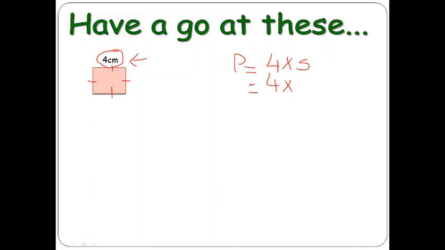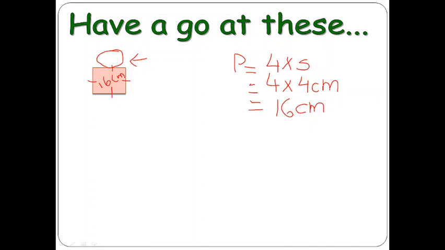You can see here 4 centimeters. With 4 centimeters you will multiply. So 4 times 4 equals 16 centimeters. So the perimeter for this square is 16 centimeters. This is the distance around this square.